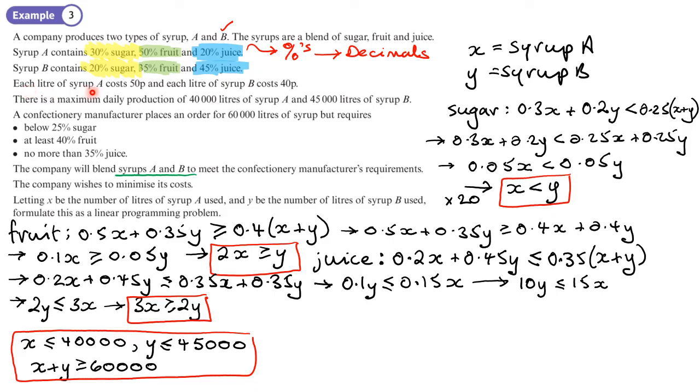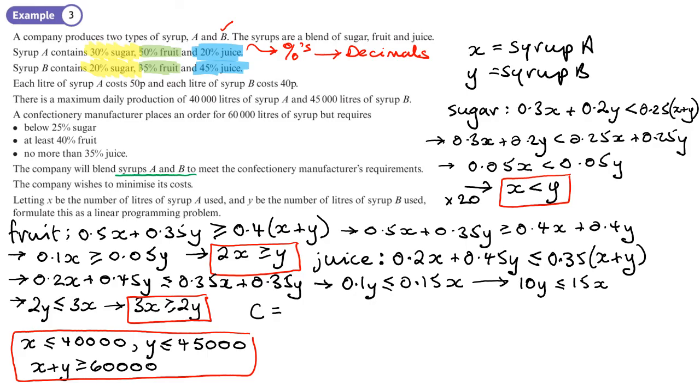Now we can move on to the objective function, and we'll find the objective function here. Each litre of syrup A costs 50 pence, each litre of syrup B costs 40 pence, and what do we need to do? They want to minimise their costs. So let's write down the costs. What are their costs?